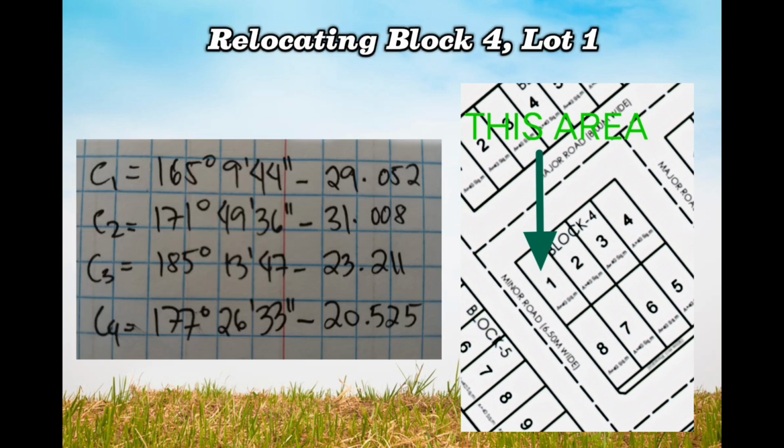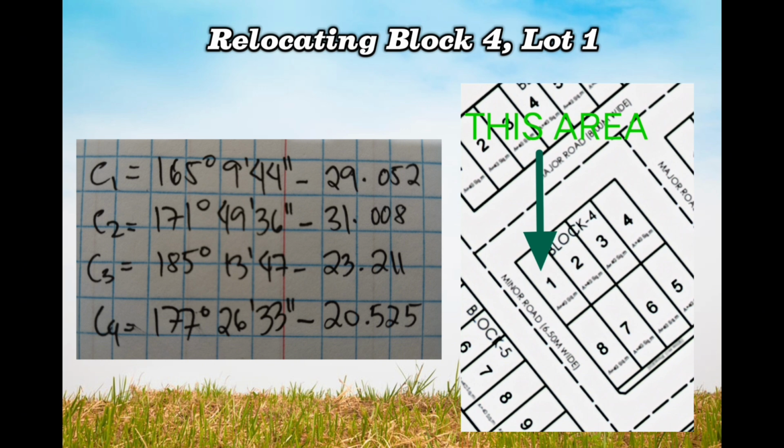The first corner is 165 degrees, 9 minutes, 44 seconds for 0.52 meters. Second corner, 171 degrees, 49 minutes, 36 seconds for 31.008 meters. Third corner, 185 degrees, 13 minutes, 47 seconds for 23.211 meters.